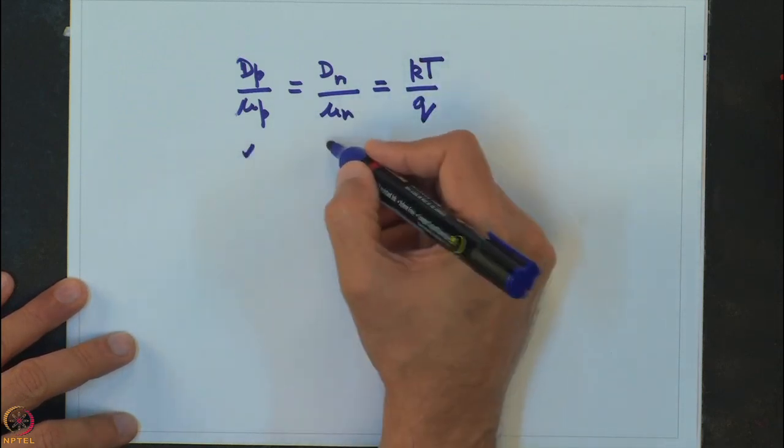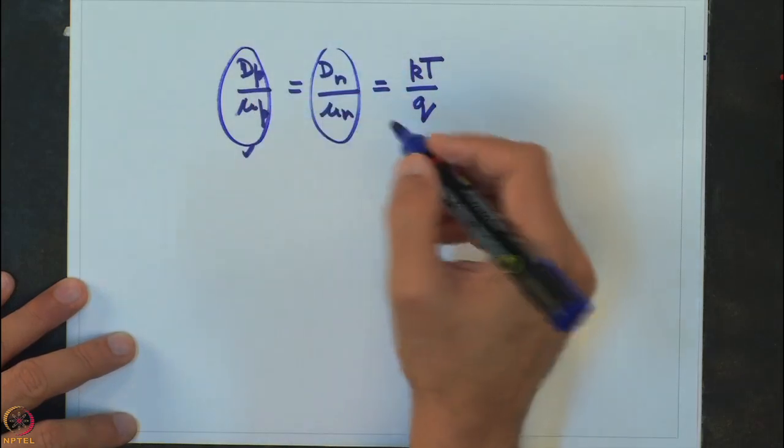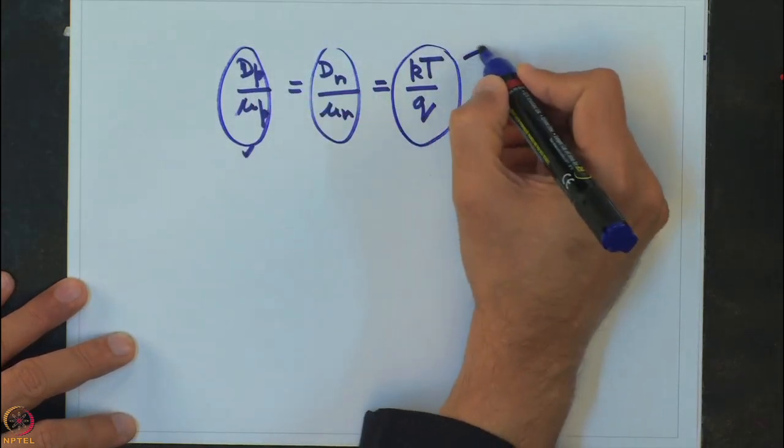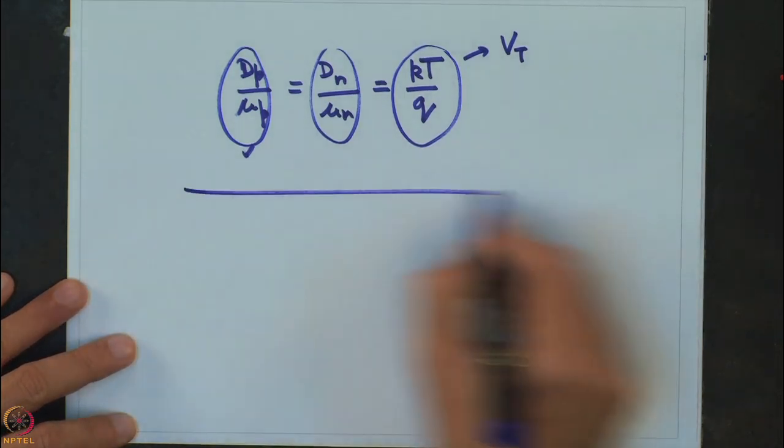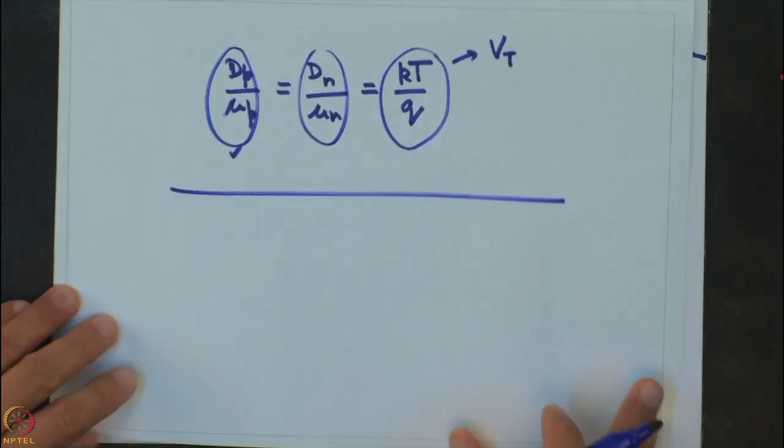So, these two ratios are equal to kT by q, where kT by q is often denoted by Vt by some authors. So, this may be a very important relationship that we may be using in the future.